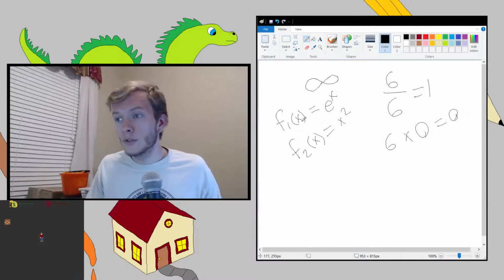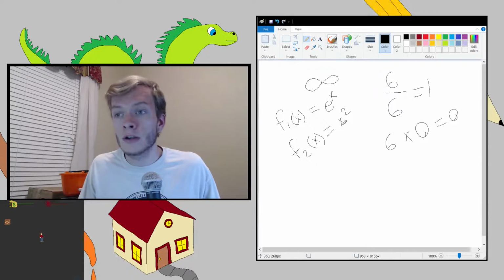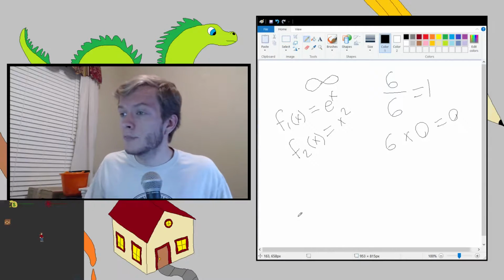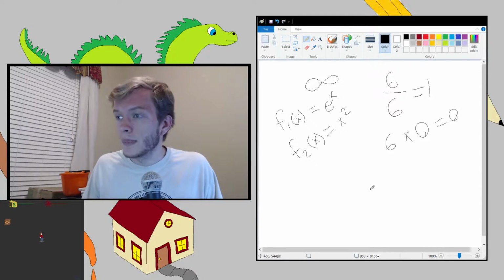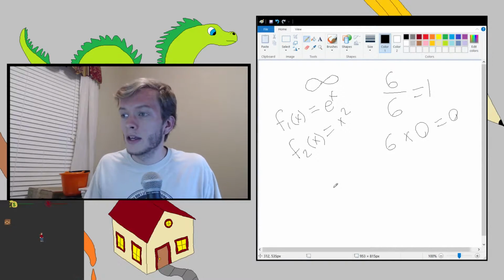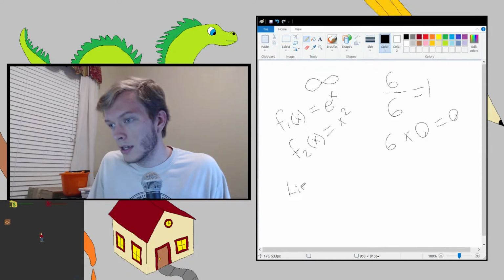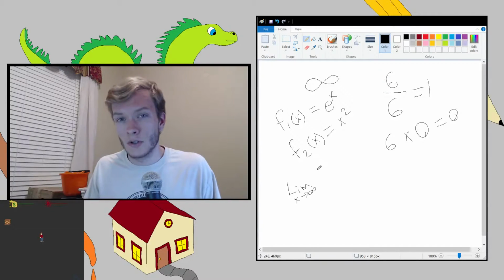So we have two functions. Both of them, as we put bigger and bigger numbers in here, get very big. And they become large faster than x itself becomes large. But there's some interesting things we can think about with this. So we're going to say the limit as x approaches infinity of a combination of these equations.